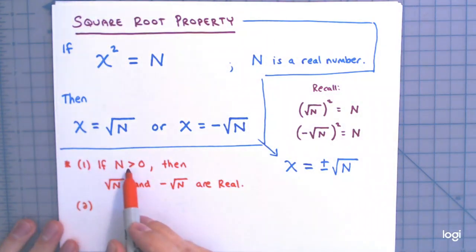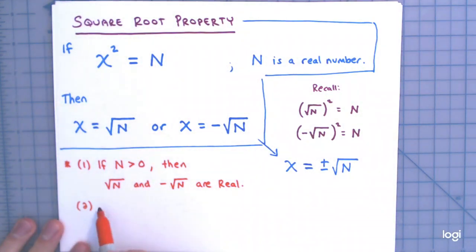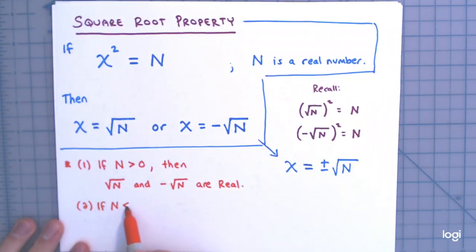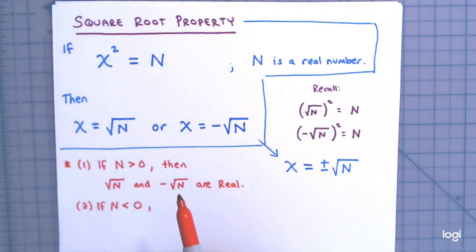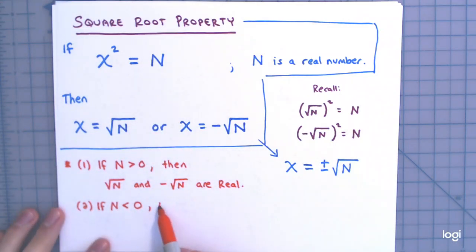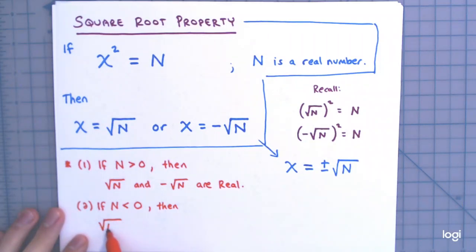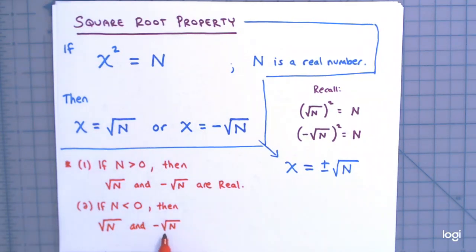But on the other hand, if n is negative, if n is less than 0, I have x squared equal to a negative number. Well, then that square root of n and negative square root of n, remember we'd be taking the square roots of negatives.